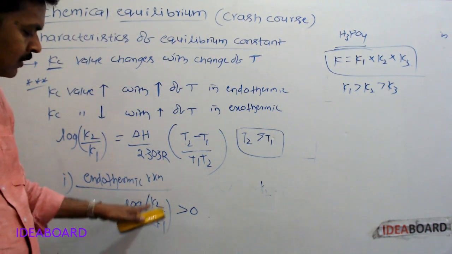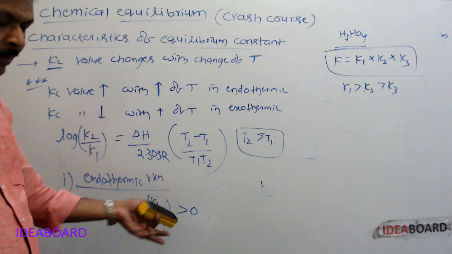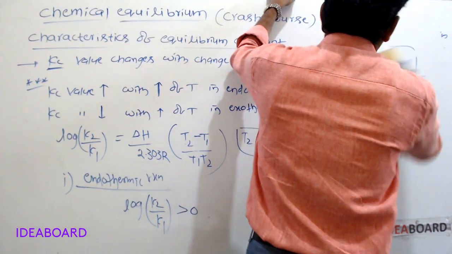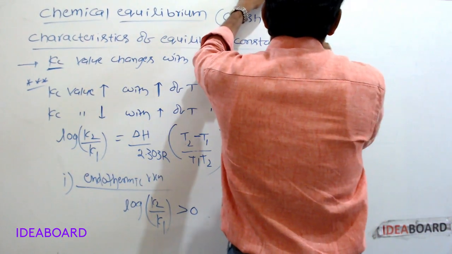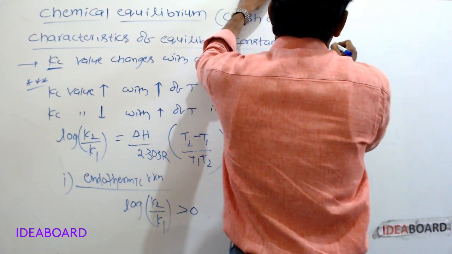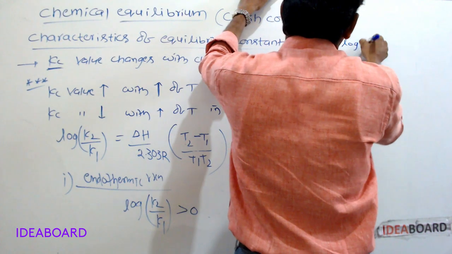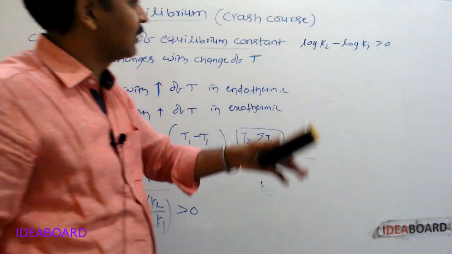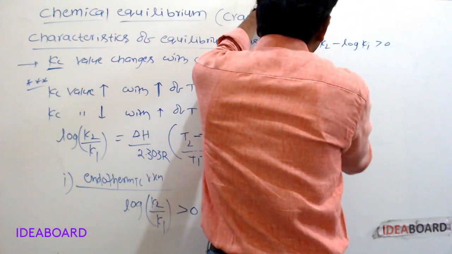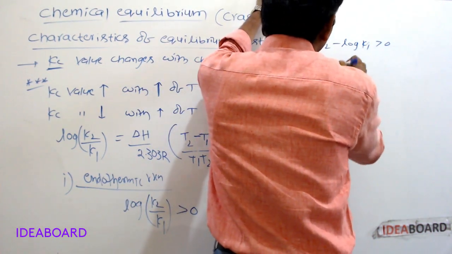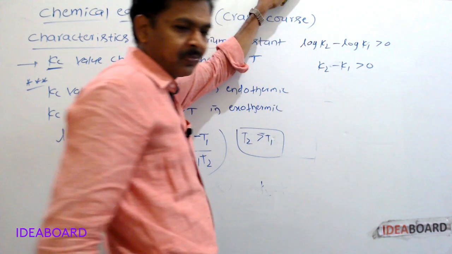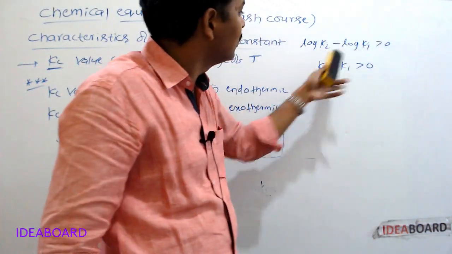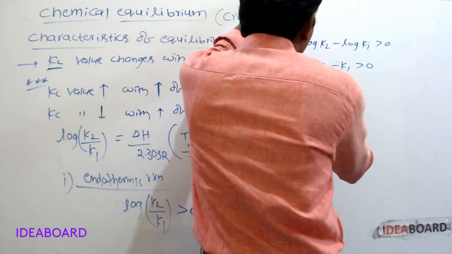Log K2 by K1 means log A by B, and the formula is log A minus log B. So log K2 minus log K1 is greater than 0, which means K2 minus K1 is greater than 0.